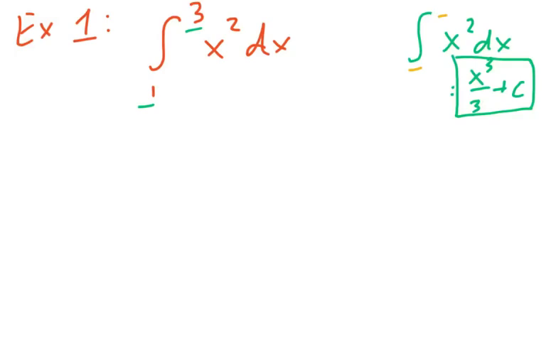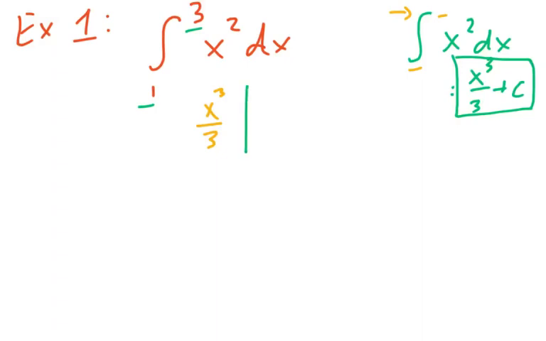Well, now I do have an a and b value though. So I start out the same way that I did for the indefinite integral. We first have to take the antiderivative of the function. We're using our power rule, so we add 1 to the exponent and divide by the new exponent. Now, because I have that a and b value, I no longer need the plus c, right?